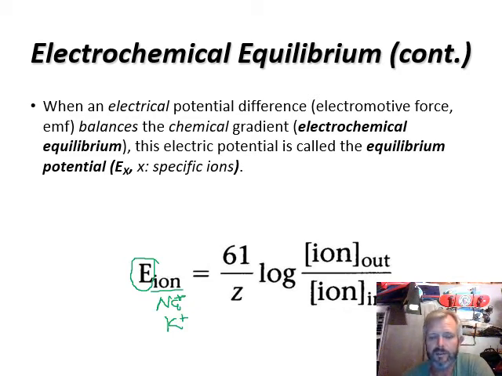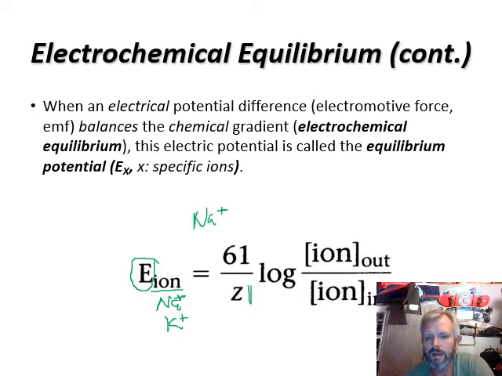So the equation is E ion, depending on what ion. Z is the charge of the ion, so let's just say we're dealing with sodium. That would be 1, a positive 1.